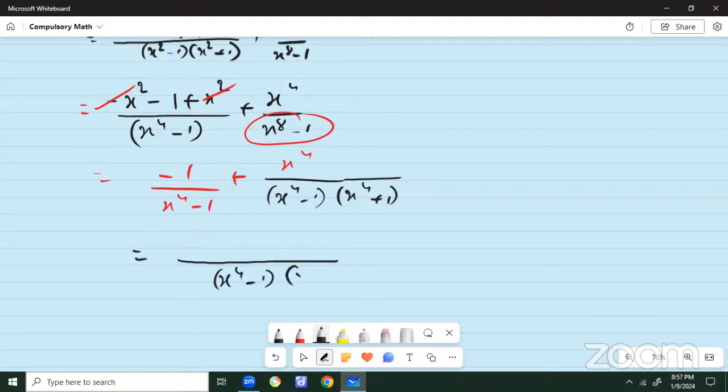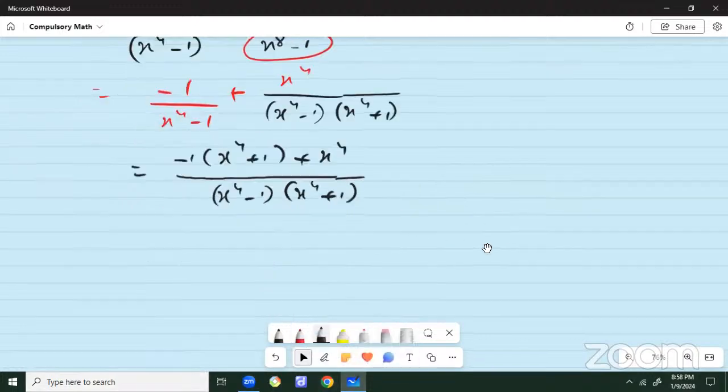Can we write like this? Is it fine to write like this? Yes, sir. Negative 1, and which factor will be multiplied here? x to the power 4 plus 1, plus x to the power 4.